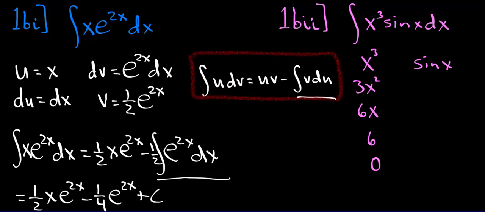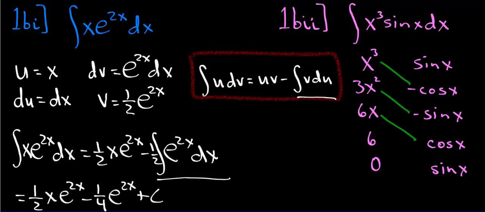So the antiderivative of sine is negative cosine. The antiderivative of negative cosine is negative sine. The antiderivative of negative sine is cosine. And the antiderivative of cosine is sine. We keep doing it until we're lined up with the 0 down here. And then I just make little diagonals and alternate plus, minus, plus, minus.